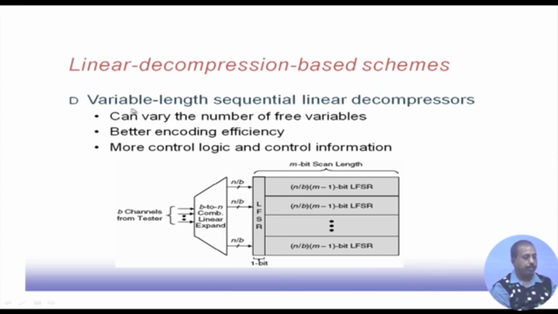We can also have a variable length sequential linear decompressor. Here it can vary the number of free variables. Basically, we have got B channels from the tester. Now, there is a B to n combinational linear expander. After that, these n bits are coming. Out of these n bits, it is divided into B number of channels.